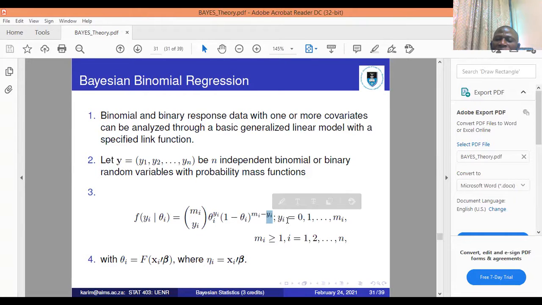And y can take a value of 0, 1, up to mi, where mi is greater than 1.